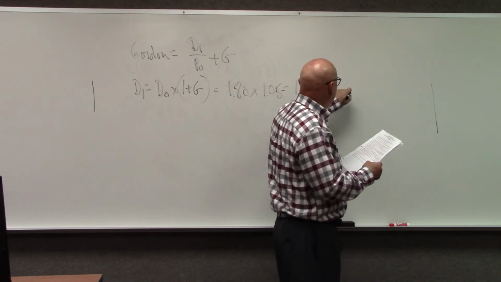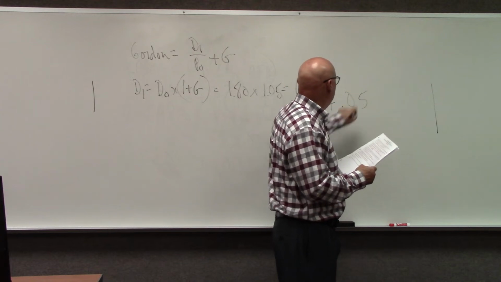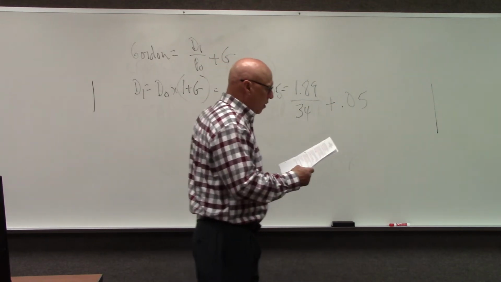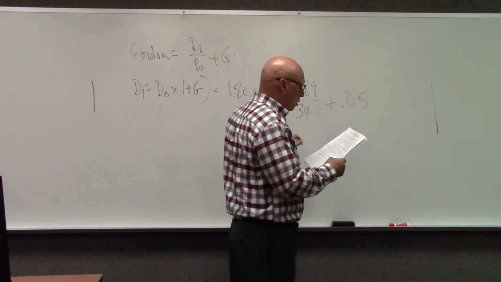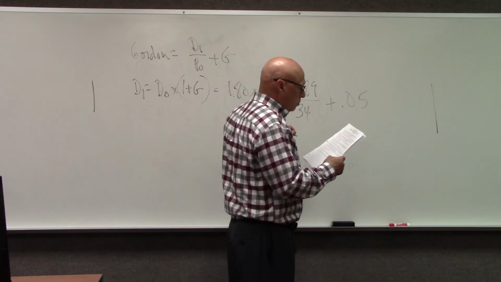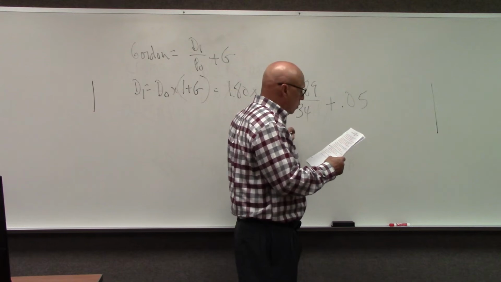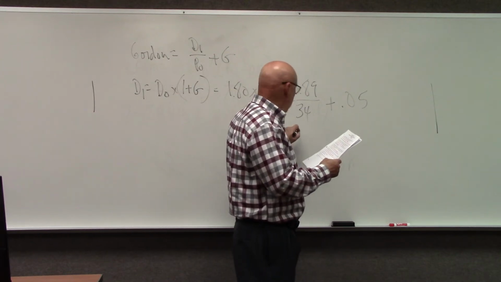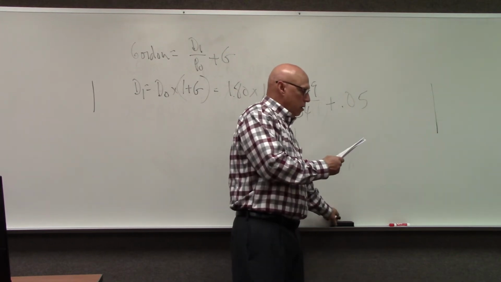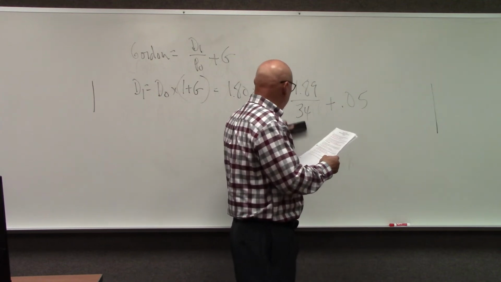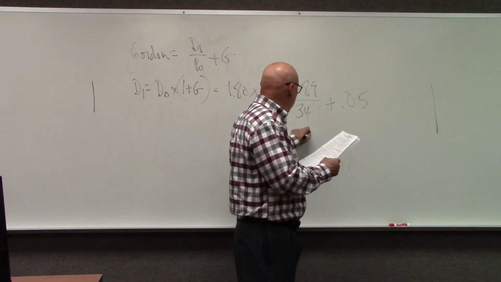Plus 0.05. So $1.89 divided by 34 is 0.0556.